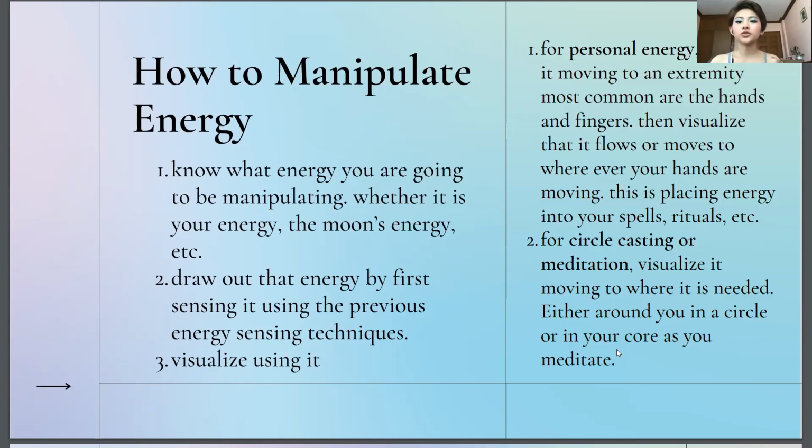I talked about visualizing it expanding and retracting. Now retract it back to your core, but keep it there. Then visualize it flowing or moving to an extremity. Most commonly it's our hands, but if you can't use your hands, it can be another extremity. Sometimes some people use their head. It can definitely be whatever feels right.